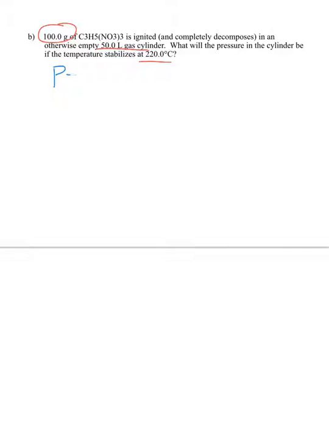So again, the ideal gas law, PV equals nRT, I can rearrange it, solving this time for pressure instead of volume. And this is the equation that I come up with. I'm given the temperature, I'm given the volume. What do I put in here for the number of moles? Well, I want the total pressure, right? So the number of moles will be the total number of moles.